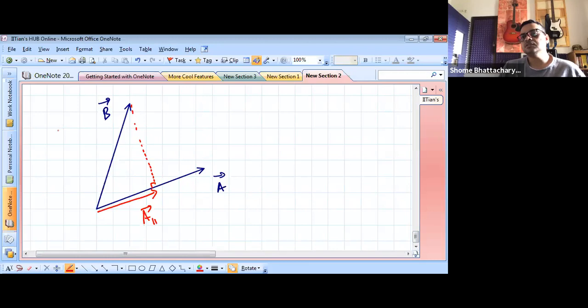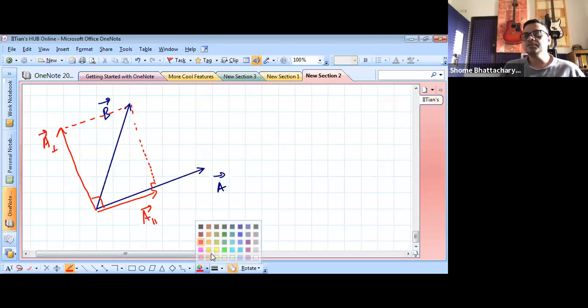And similarly, if I draw another vector perpendicular to this, then this becomes the component of A which is perpendicular to B. This. So first of all, geometrically we have to understand what is the meaning of these two things, the perpendicular component and the parallel component.